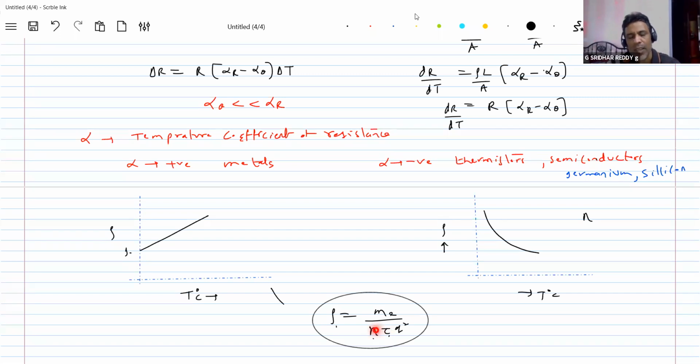But the eta will increase by a large amount. The rho will decrease, and the conductivity will increase. The number of charge carriers will increase in case of thermistors, so they'll have a negative temperature coefficient of resistance.